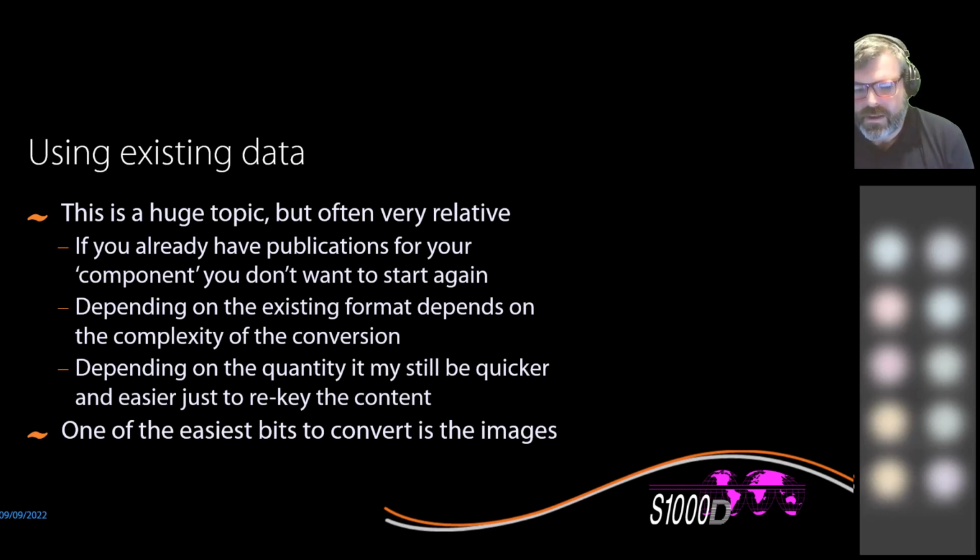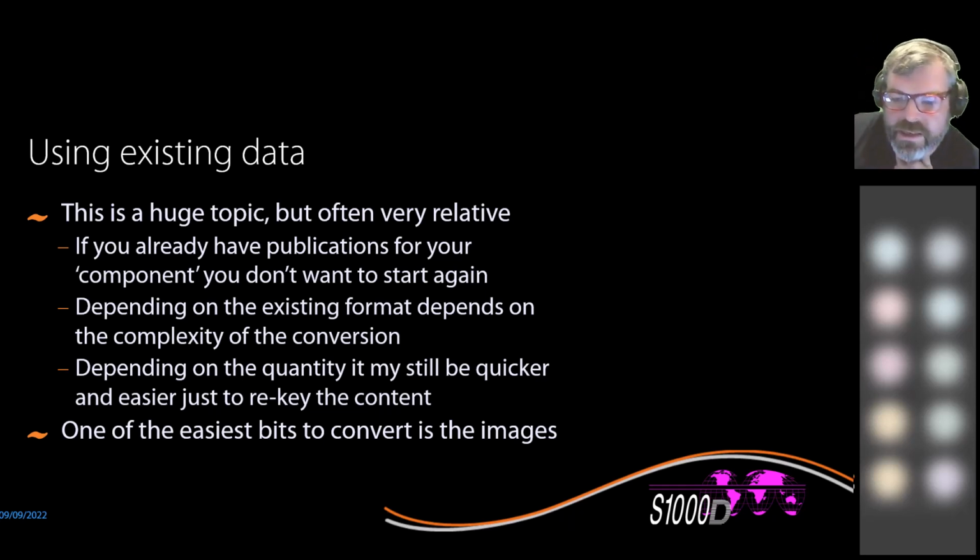And I'd say this hand on heart, every electronic conversion that I've seen has involved a degree of manual intervention, and that might be more or less, but there is no kind of magic bullet that will turn Word or anything else into S1000D. I said that at the bottom, one of the easiest things to convert is images, because images generally, other than renaming them, are going to work straight away in your content.